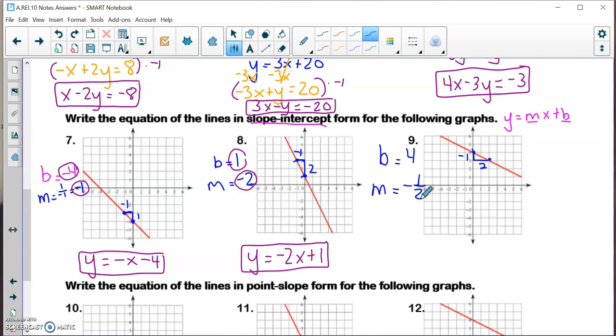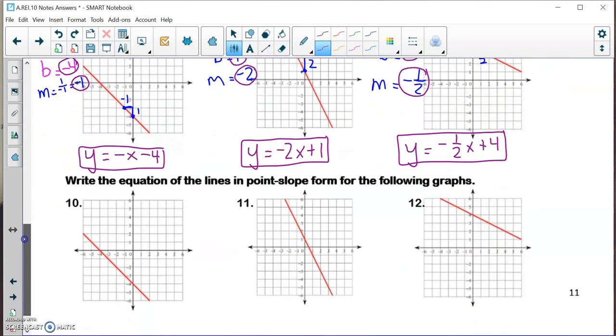My slope's -1/2. Writing my equation in slope-intercept form, I would have y is equal to my slope plus my y-intercept. And that is it. So that's writing your equation from your graph in slope-intercept form.